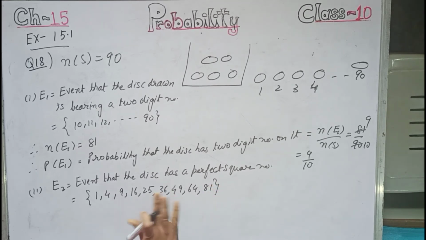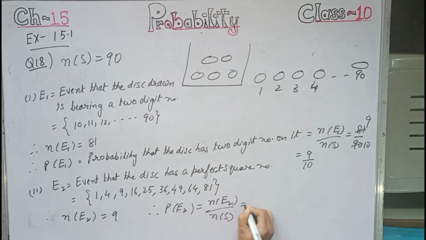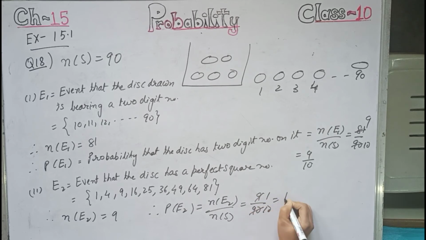So these are the perfect square numbers from 1 to 90. Therefore n(E2) equals 1, 2, 3, 4, 5, 6, 7, 8 and 9. Therefore P(E2), the probability that the disc has a perfect square number, equals n(E2) by n(S) equals 9 by 90 equals 1 by 10.